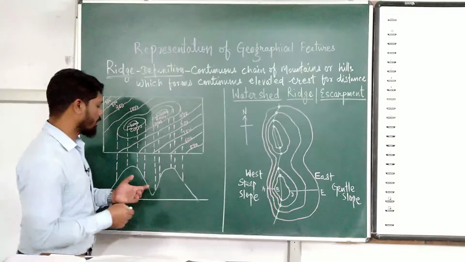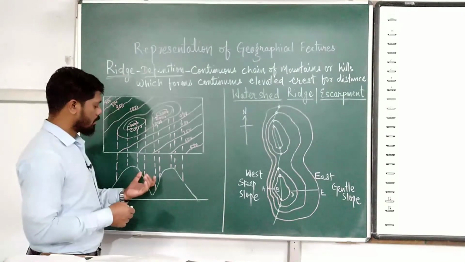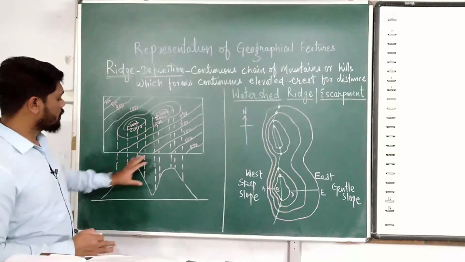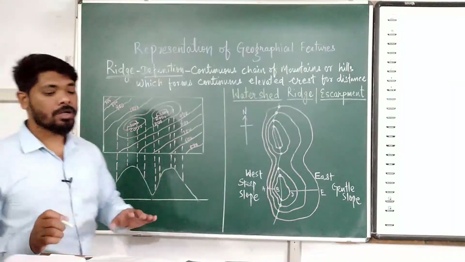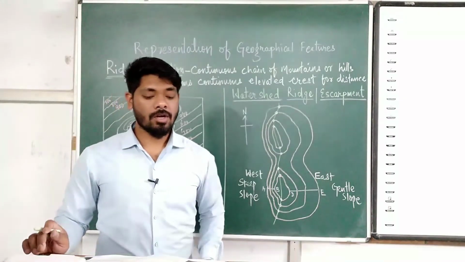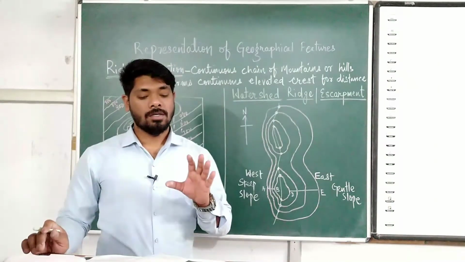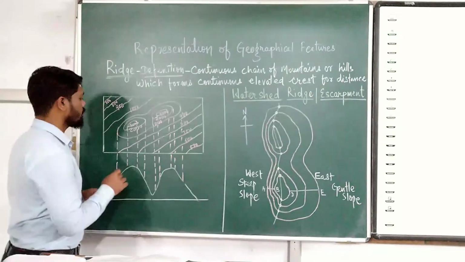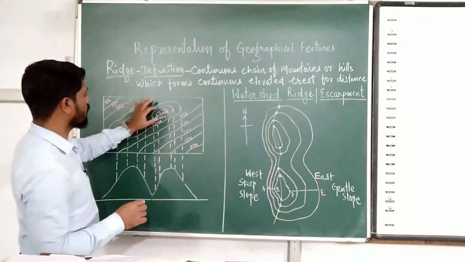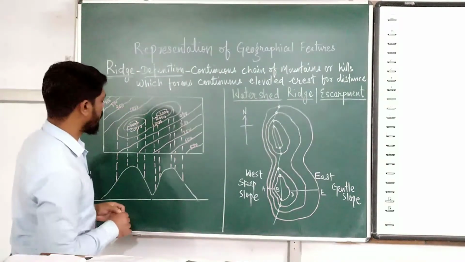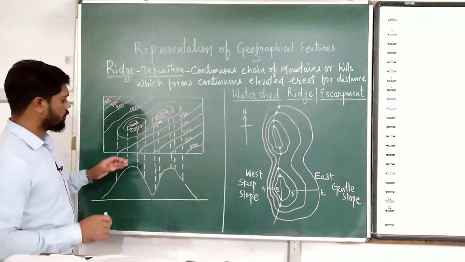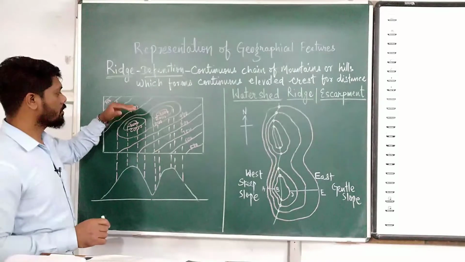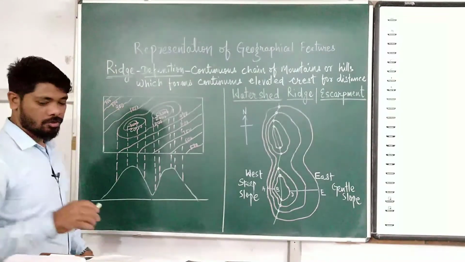You could see the actual ground of the mountain is likewise, or in the textbook you can see the real picture of the ridge. So how has it to be shown? You see there are two eyes there. That means there are two peaks of this ridge.